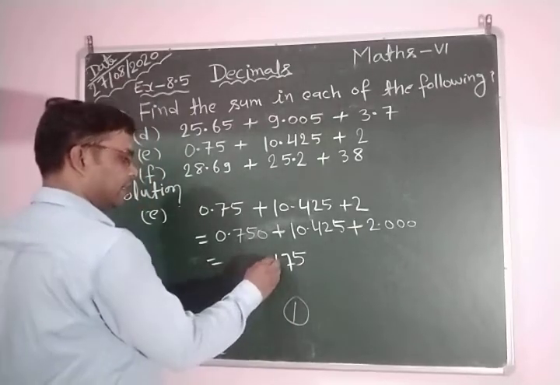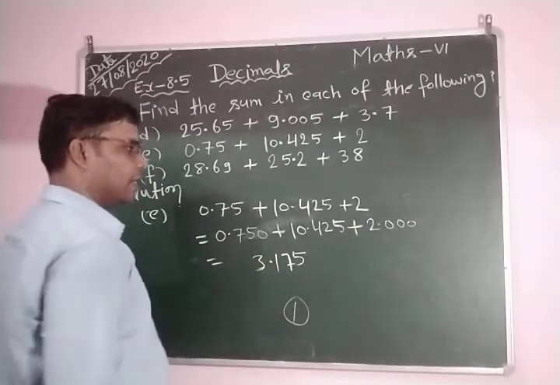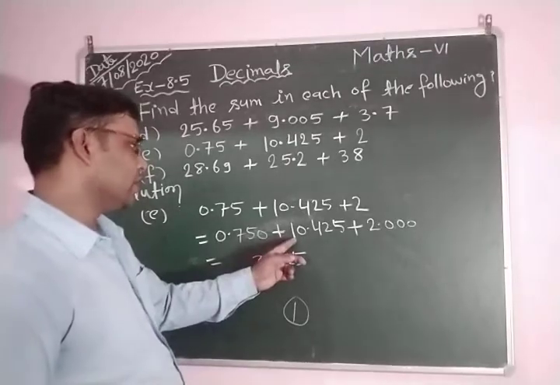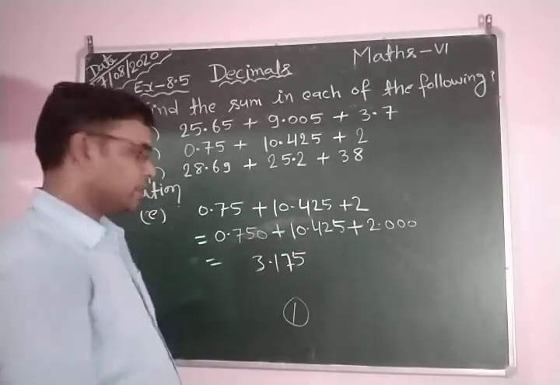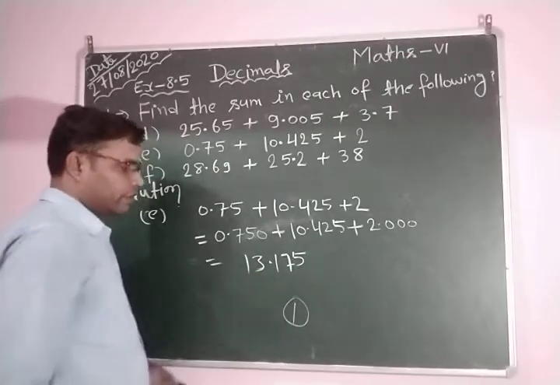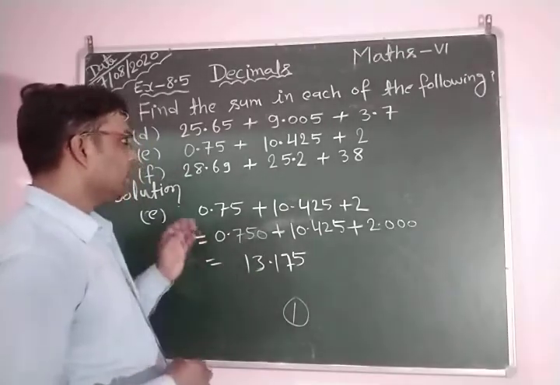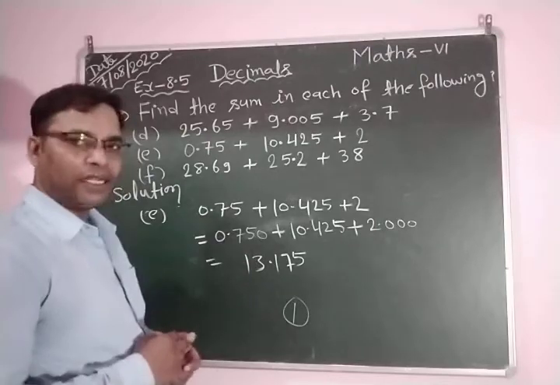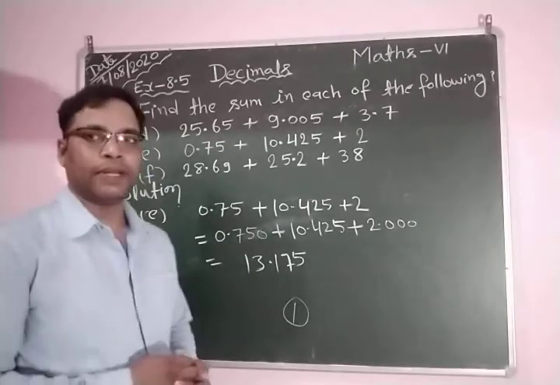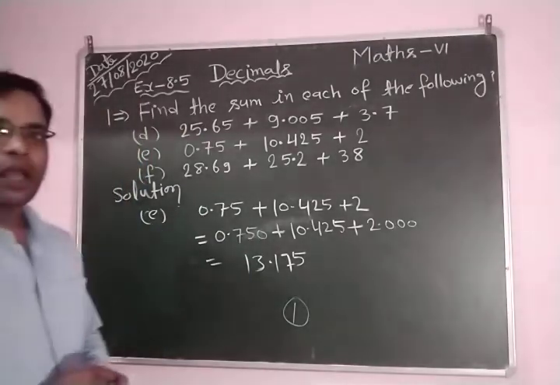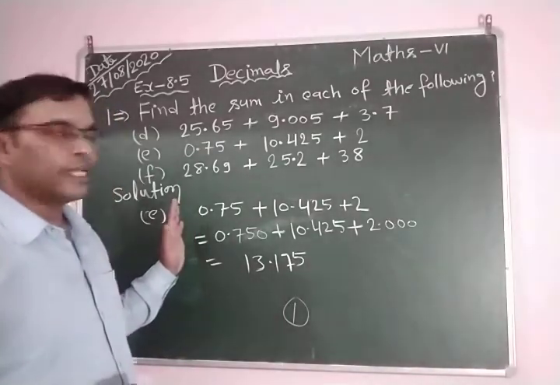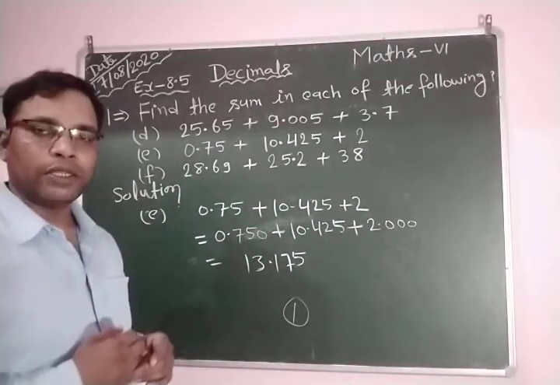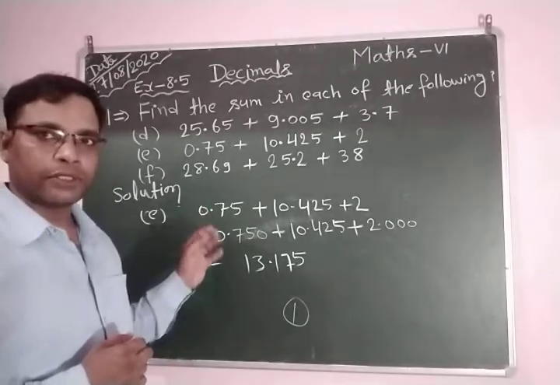So here we write the decimal point and here 3, and after this you have 1 and no digit at the tens place, so you write 1. Simply you can see, the sum of the given decimals is 13.175. So students, I hope all of you are familiar with the addition of decimal numbers, and you can solve them yourself.